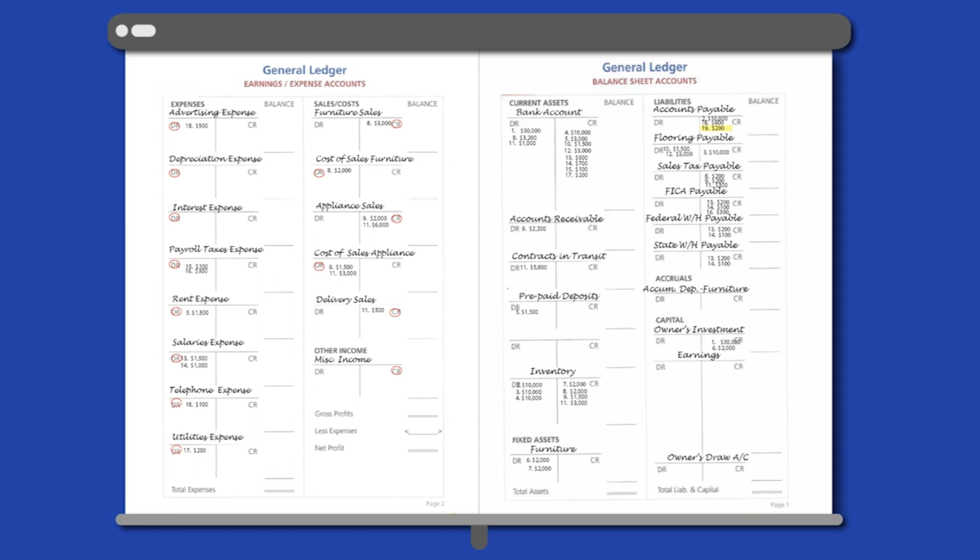Its terms are 30 days. What are the terms for flooring payable? 24 hours after you sell it. Okay, excellent. So you credited accounts payable $200, and what'd you debit? Excellent. Okay, and debit interest expense $200. Good.